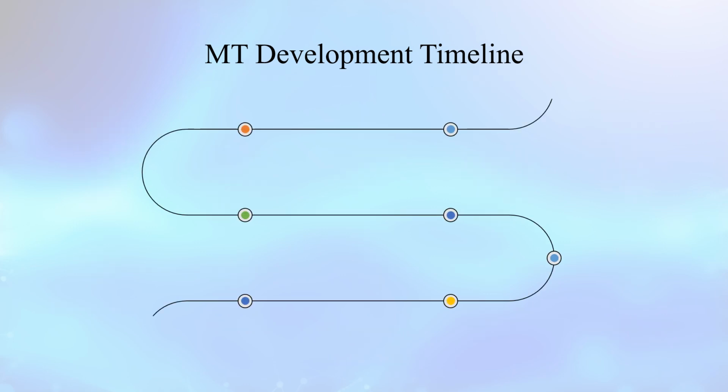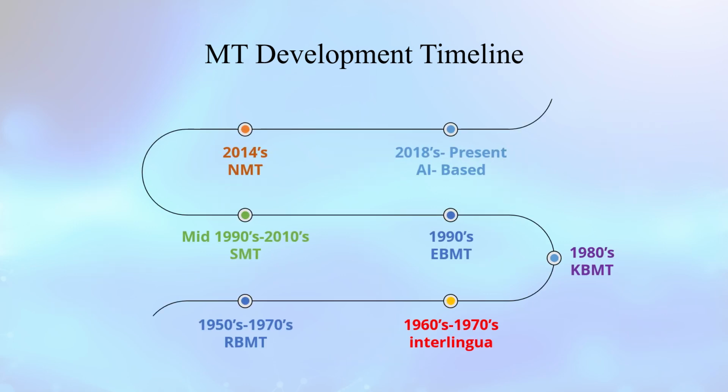Now, if we want to talk about the development of machine translation approaches from the 1950s to the present, we could say that they started with the rule-based machine translation approach, which appeared in the 1950s and lasted until the 1970s.